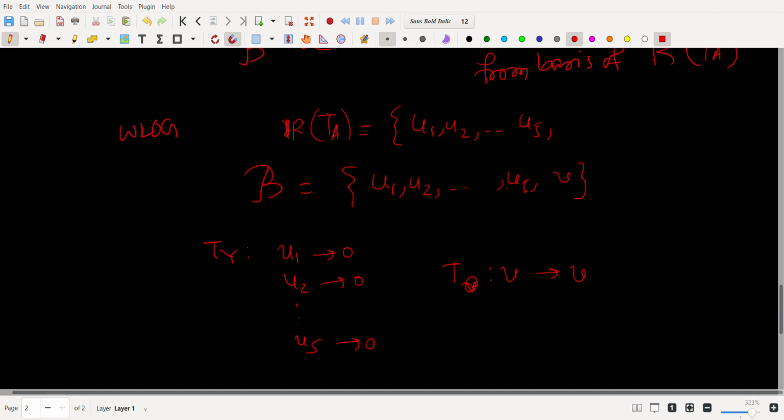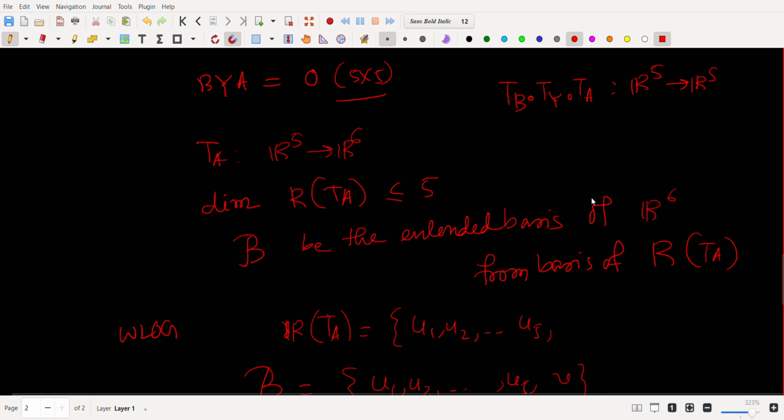Then ultimately this TY is a non-zero linear map, so its matrix representation with respect to this basis gives you a non-zero matrix. And by the same argument, the composition TB compose TY compose TA is 0.